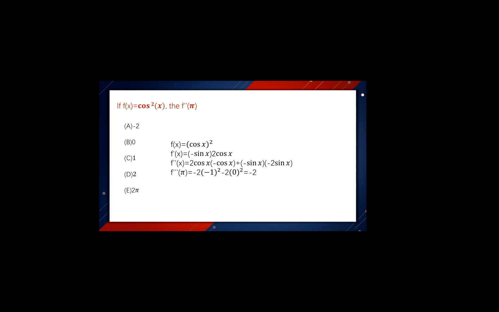Then the derivative of f derivative x equals 2 cosine x multiplied by negative cosine x plus negative sine x multiplied by negative 2 sine x. Then the second derivative of f at pi equals negative 2 multiplied by negative 1 squared minus 2 multiplied by 0 squared. Which means the answer is negative 2, which is A.